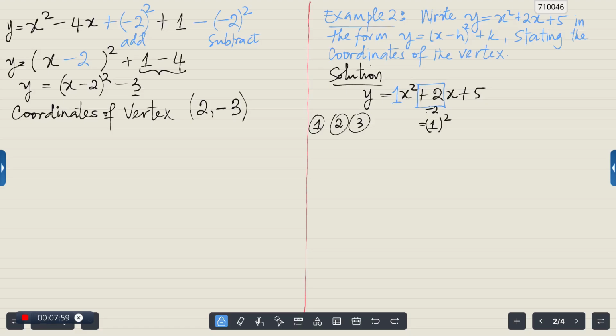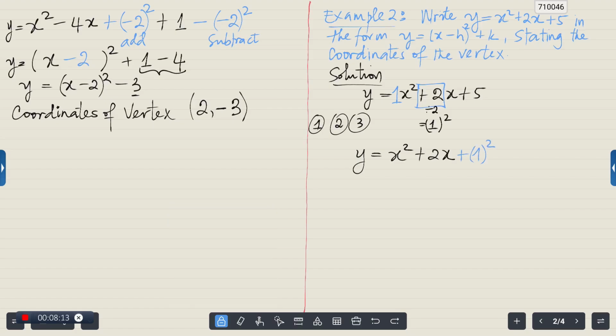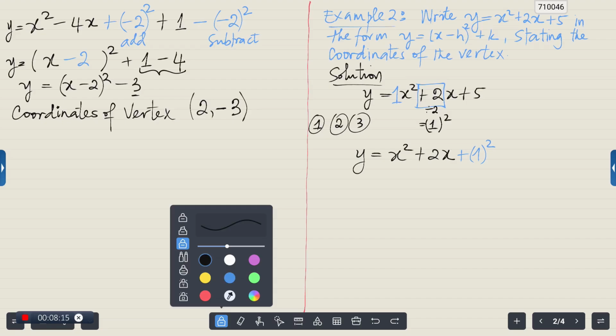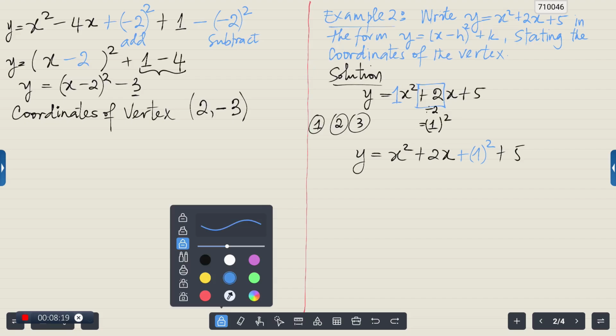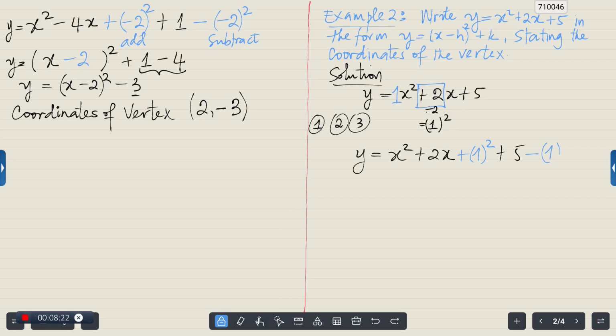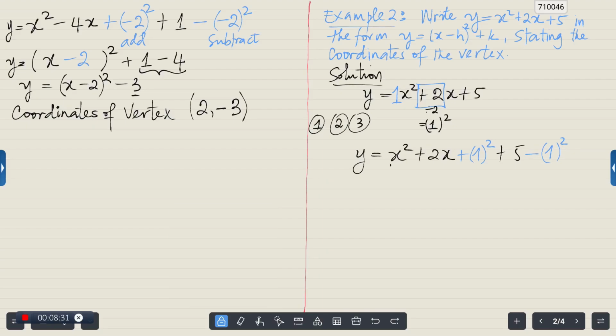Step 4. We add and subtract. So the equation becomes x squared plus 2x, we add plus 1 squared, plus 5, and then we subtract minus 1 squared. Having done this, our equation reduces to a perfect square on one side.